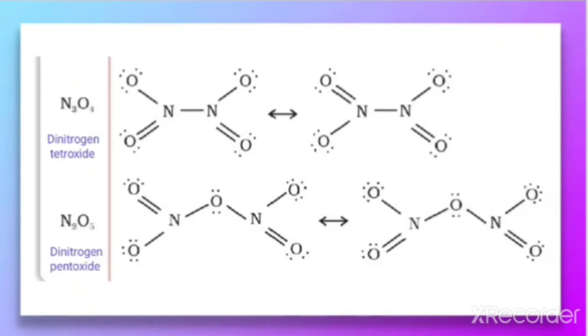Now, how can we make the structures of these oxides of nitrogen very easily? Let us discuss this. First of all, make the Lewis structure for NO2 that we have already discussed in the previous classes. This is the resonating structure for NO2. Since there is one odd electron on the nitrogen, it does not follow the octet rule, so it dimerizes.